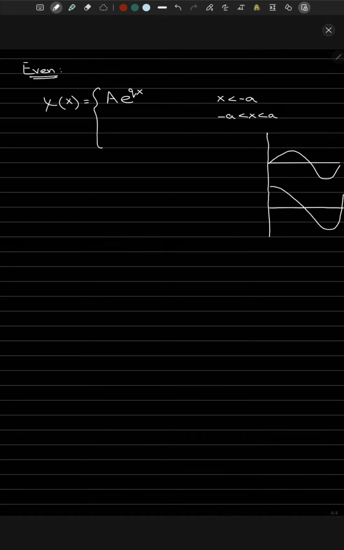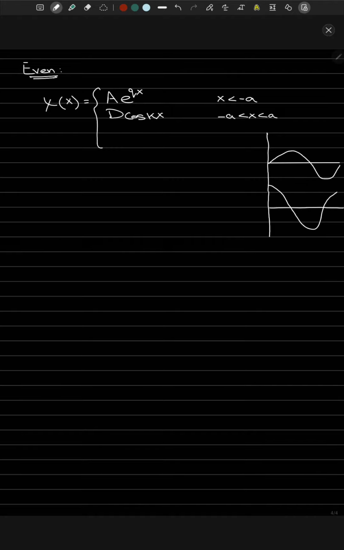You can see from the graphs that the cosine function is the even function, while the sine function is the odd one. So for the even part, we'll only be left with D cos kx, like this.